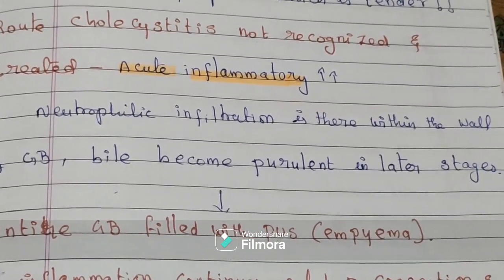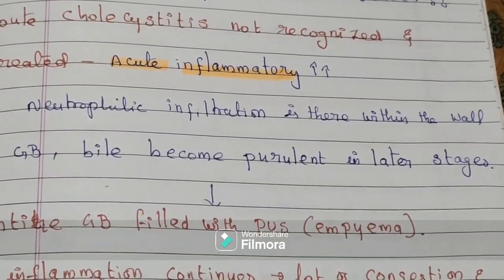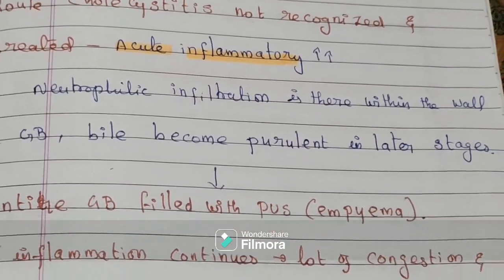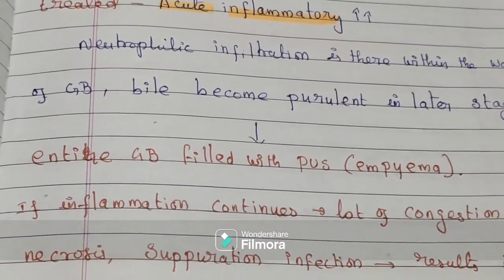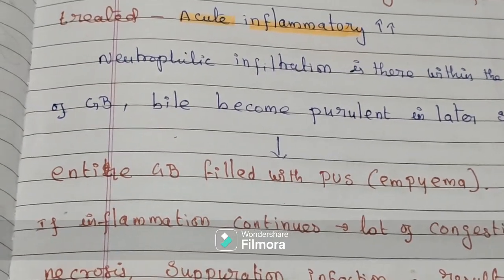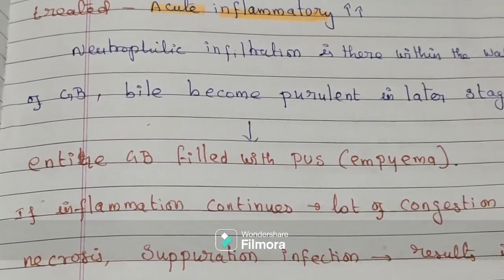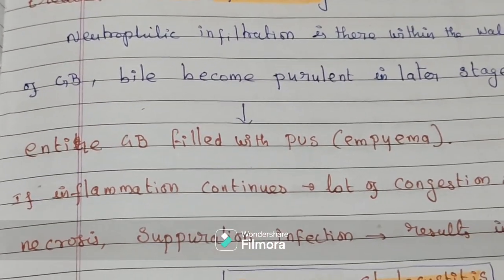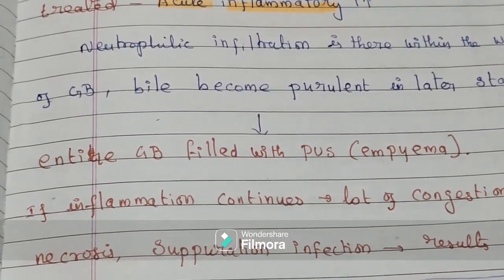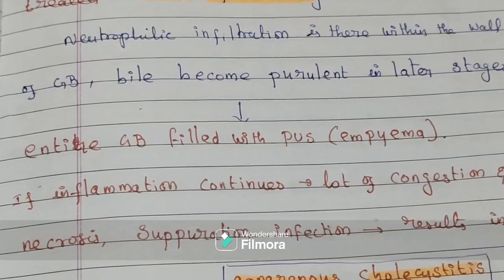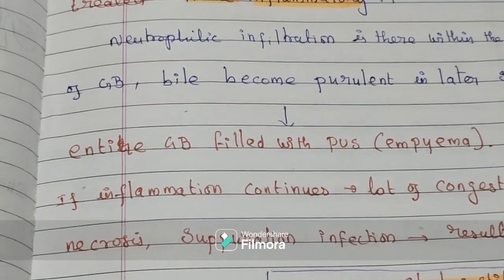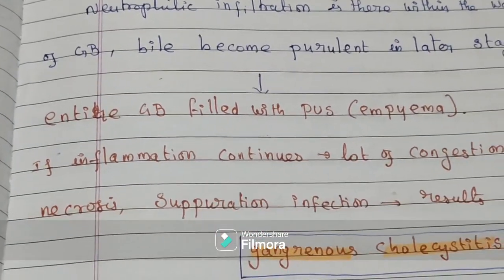The bile becomes purulent in the later stage, and the entire gallbladder is filled with pus, and that is called empyema of gallbladder.